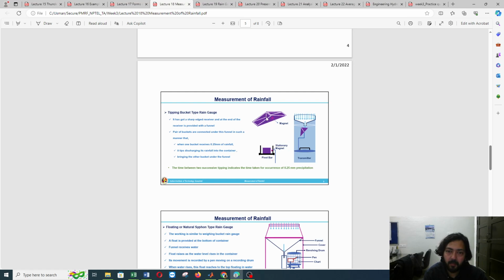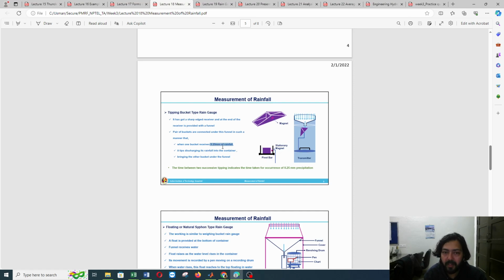Let us say the bucket on the left-hand side is collecting rainfall, and once it collects about 0.25 mm of rainfall, the bucket will tip. Once the bucket tips, it marks a reading on the pivoted bar, where there is a drum or revolving graph attached to it. So once the bucket tips, we get one reading.